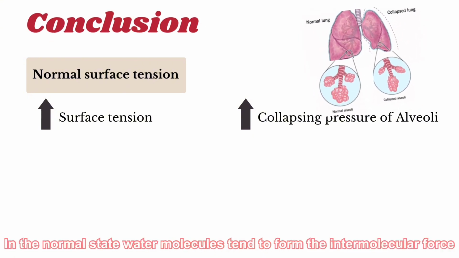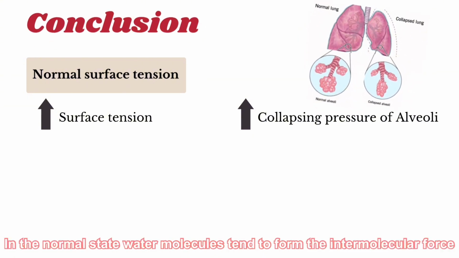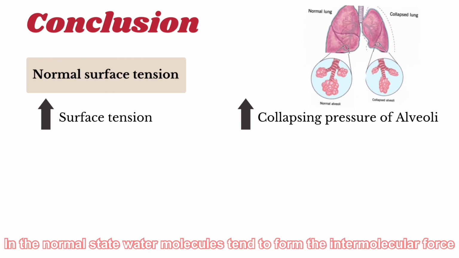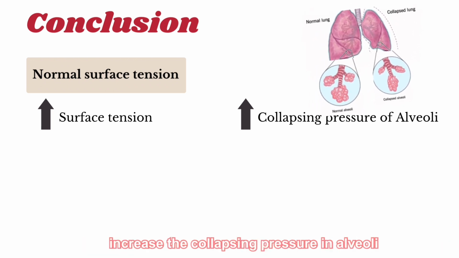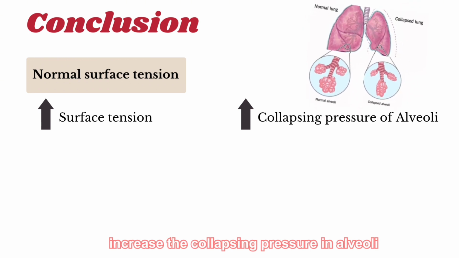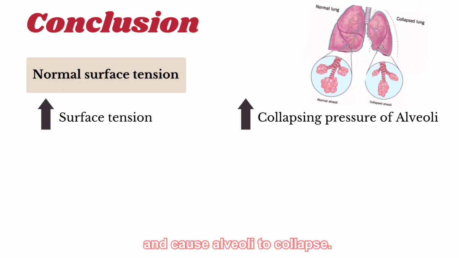In the normal state, water molecules tend to form the intermolecular force between each other, creating surface tension, increasing the collapsing pressure in the alveoli, and causing alveoli to collapse.